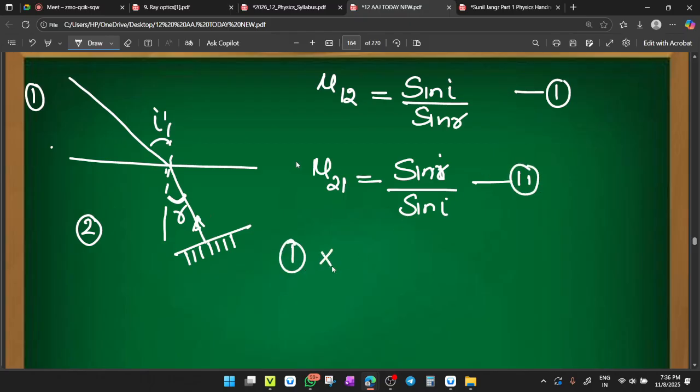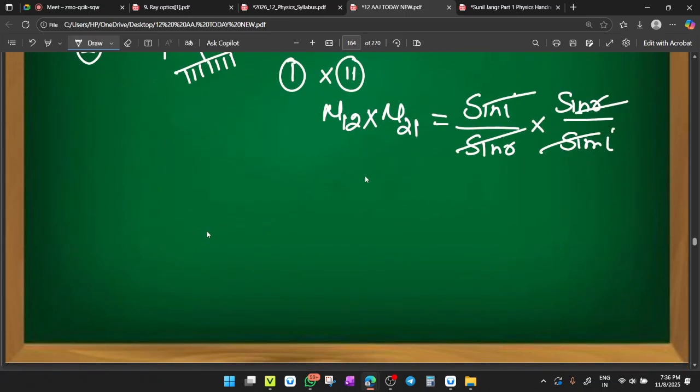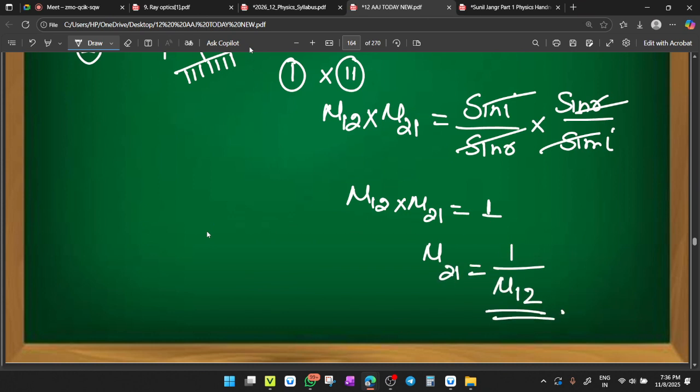Now if you multiply 1 by 2, you will have mu 1 2 into mu 2 1 equals sine i upon sine r multiplied with sine r upon sine i. They get cancelled out and you can write mu 1 2 into mu 2 1 equals 1. This means mu 2 1 equals 1 upon mu 1 2. Clear or not clear?